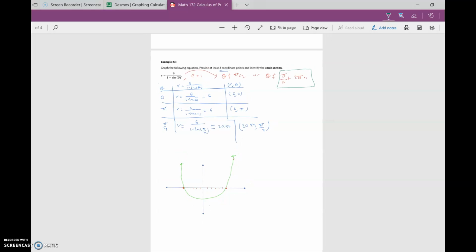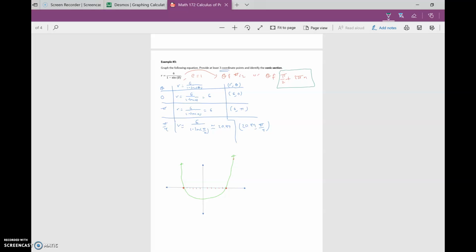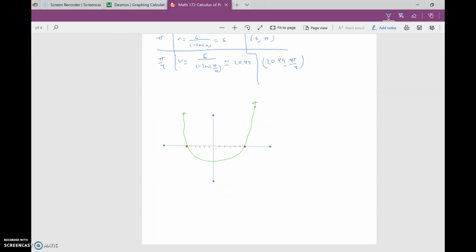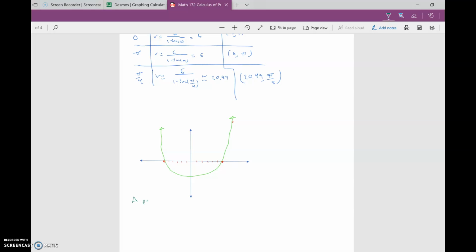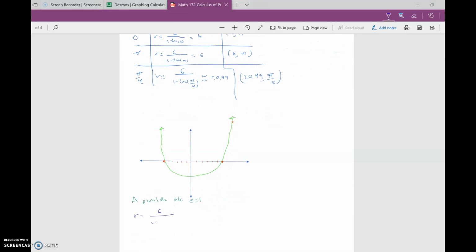They want you to identify the conic section, so you can quote the eccentricity here, or you can rewrite it as an actual rectangular. In this case, well, we have a parabola. And you can just say because the value of E is equal to 1, or what you could do is actually rewrite it. So you have r is equal to 6 over 1 minus sine of theta.